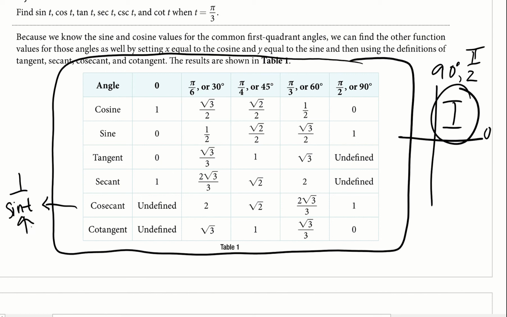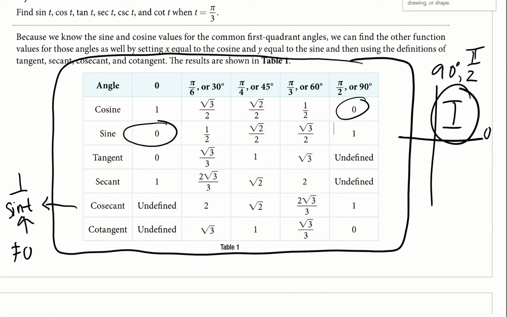So since the bottom can't be 0, it's going to be undefined where sine equals 0. Tangent will be undefined where cosine equals 0. Secant will also be undefined where cosine equals 0.